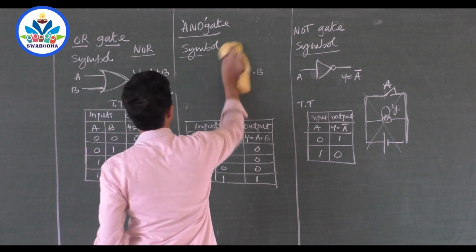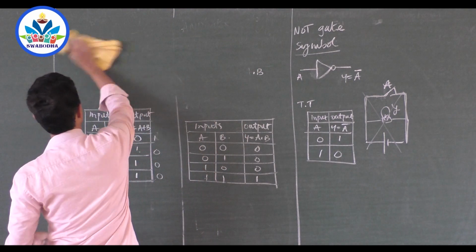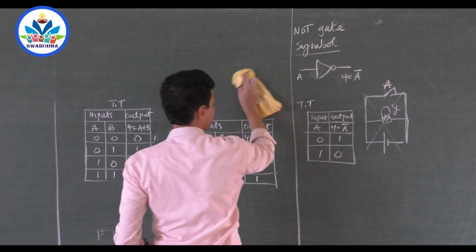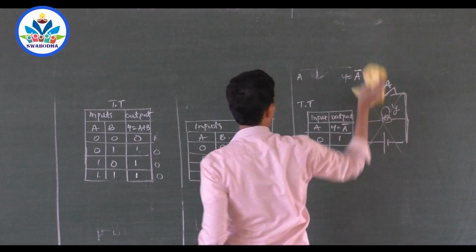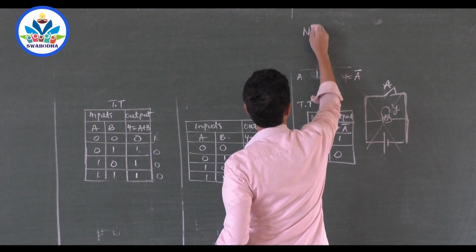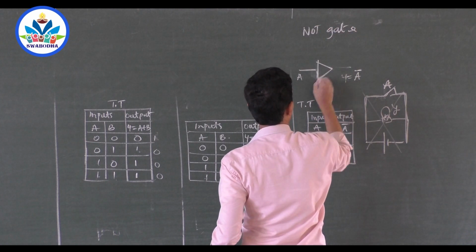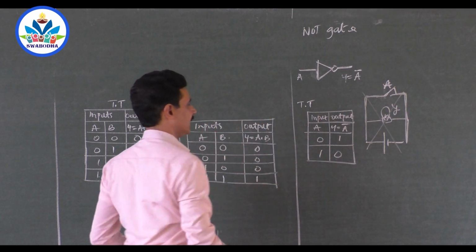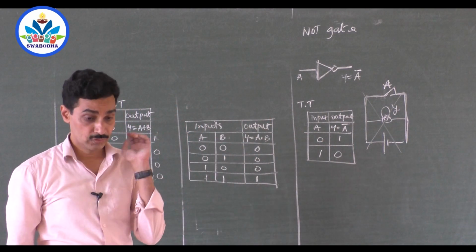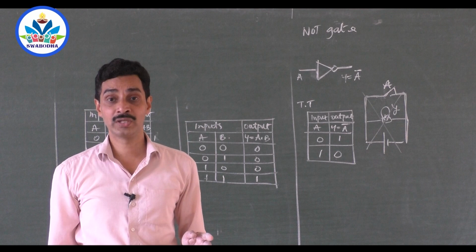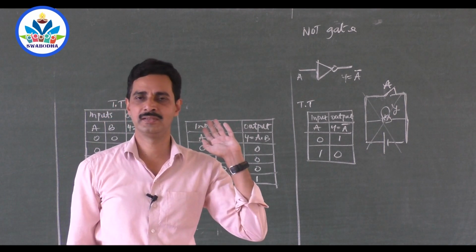NAND and NOR gates are called universal gates. Very important gates they are. NAND and NOR gates are called universal gates because using NAND and NOR gates you can construct any type of gate.